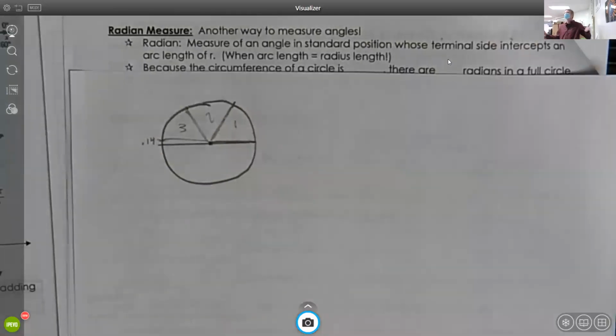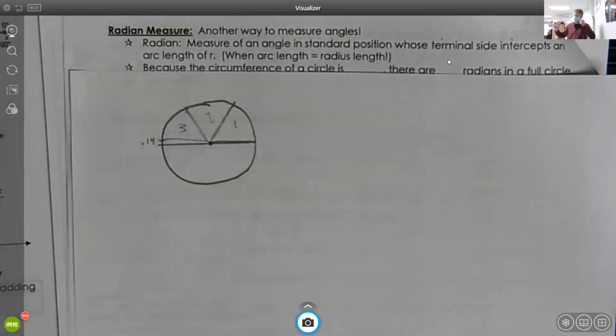Isn't the diameter, doesn't it go around a circle 3.14 times? Isn't that what pi is? It's the number of diameters that fit around a circle. Yeah. So the number of radiuses that fit around half a circle is going to be 3.14. Because a radius is half the diameter and it fits around half a circle, the same amount.